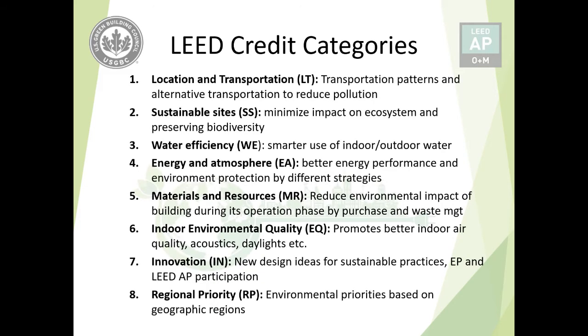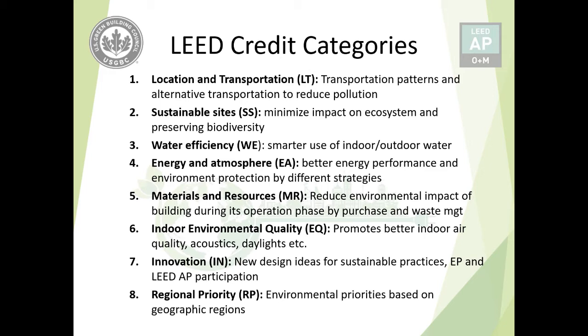A bird's eye view of all credit categories in LEED O+M. First one is location and transportation, which focuses on the transportation patterns of the building occupants, and how they are going to and from the building. The purpose is to find a way to reduce the pollution from these transportation sources. Sustainable sites is to minimize the impact on the ecosystem and enhance and preserve biodiversity.